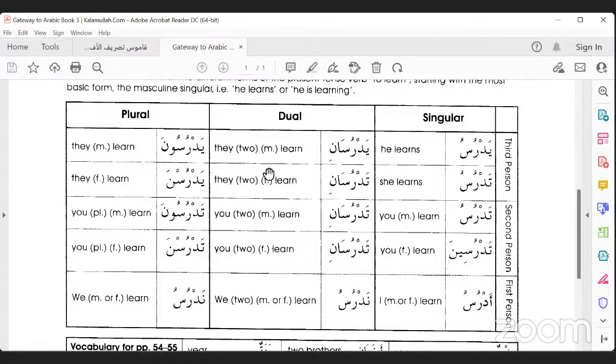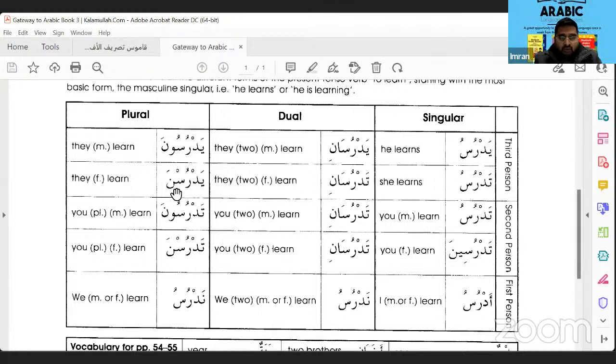Brilliant. Then we have the last one, they all females learn. Like we did in the past tense, we add a noon with a fatha, and the previous letter comes with a sukun. We do this in the present tense as well. So what happens? The first two, tadrusu and tadrusani, are she and they both.